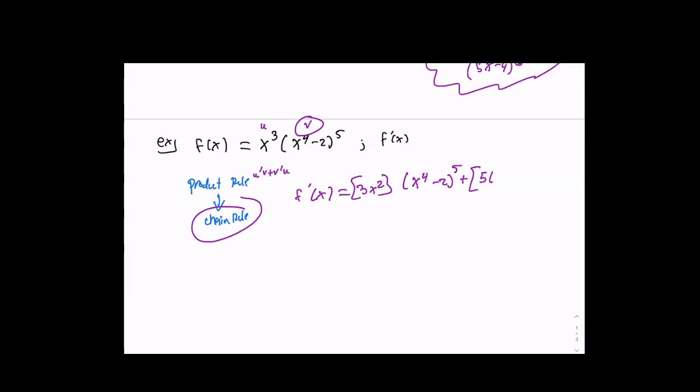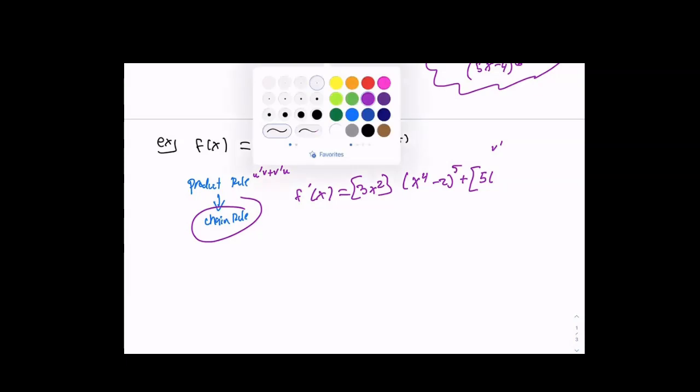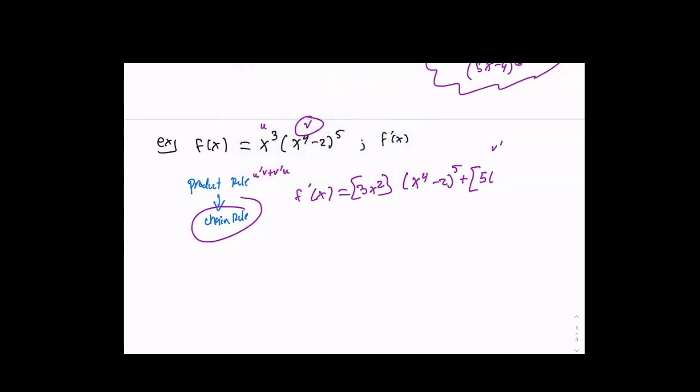So this comes back down to what we have to do in terms of v prime. Ideally you can do v prime in your head and let it flow, get in a state of flow. But if not, then I have to do v prime on its side, where I'm only looking at v right here. So v prime is 5, copy what's inside, x to the 4th minus 2 to the 4th power, times the derivative of the inside, which would be 4x cubed.